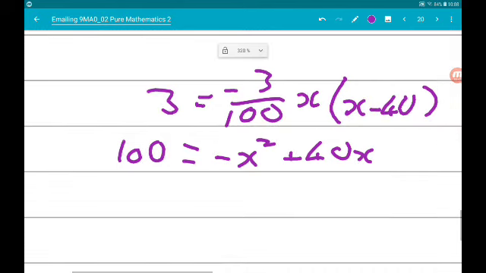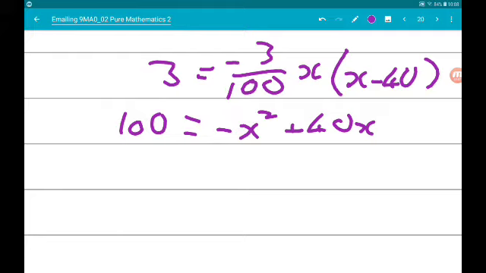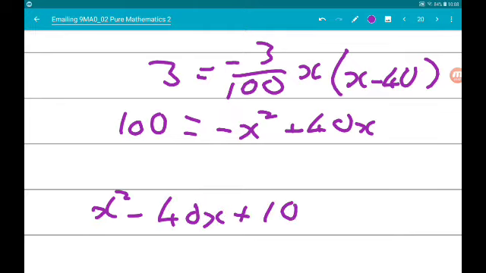Right, so we got a quadratic. We want everything on the same side with a 0 on the other. So I'm going to add the x squared and subtract 40x. So x squared minus 40x, add 100 is equal to 0.